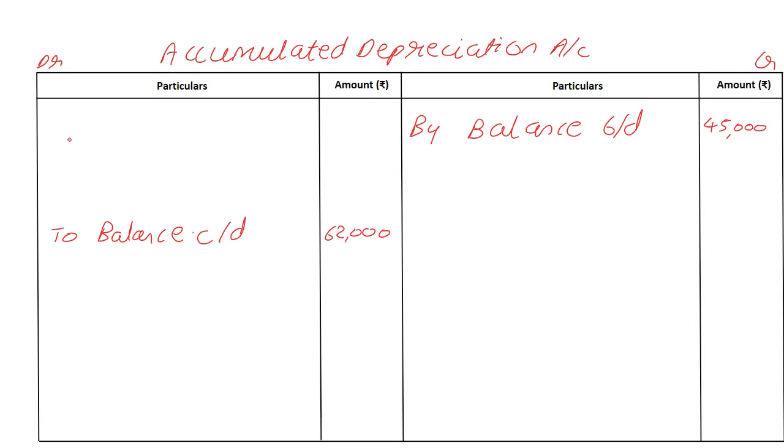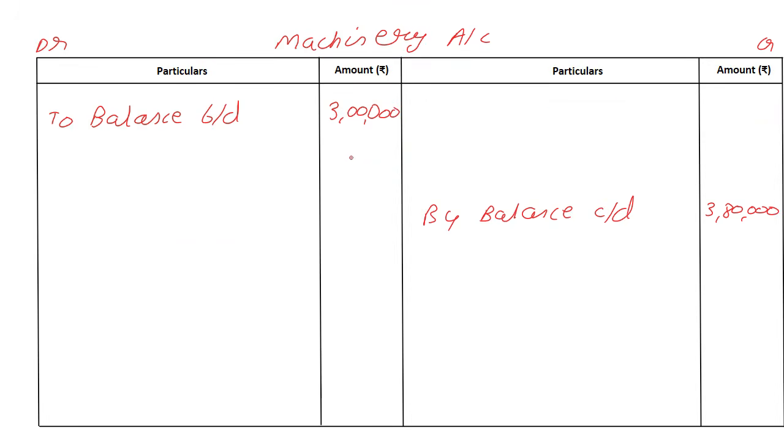So we will debit the accumulated depreciation account and send that amount back to the machinery account, for the depreciation of the asset being sold, and immediately in the machinery account on the credit side, by accumulated depreciation 20,000.